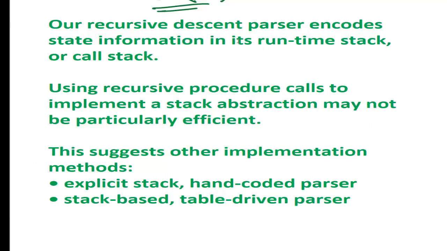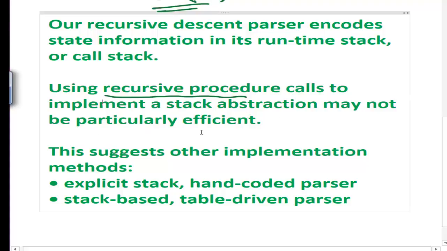Our recursive descent parser encodes state information in its runtime stack or call stack, and then uses recursive procedure calls to implement a stack abstraction. This stack abstraction may not be particularly efficient because there are a lot of procedure calls to and fro. So we have other implementations as well. Firstly, we have an explicit stack and hand-coded parser.